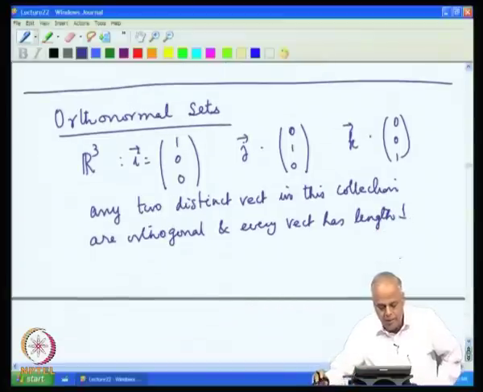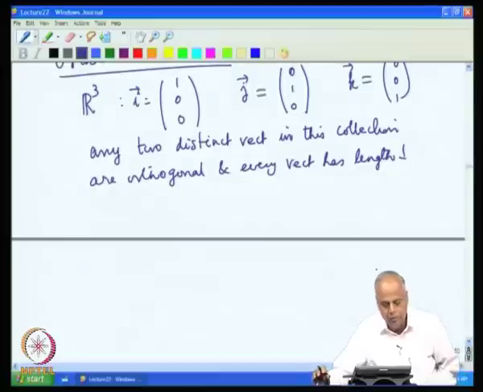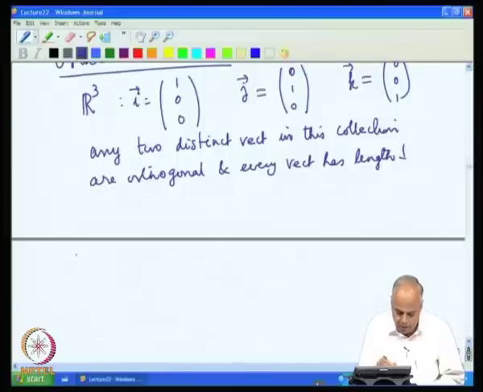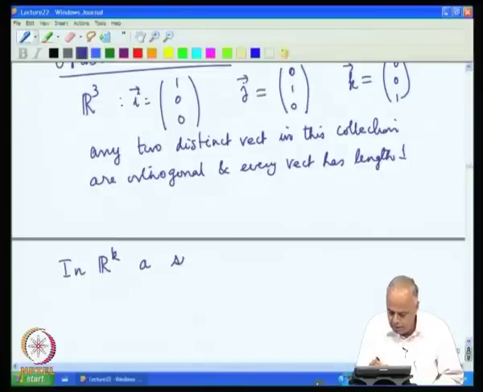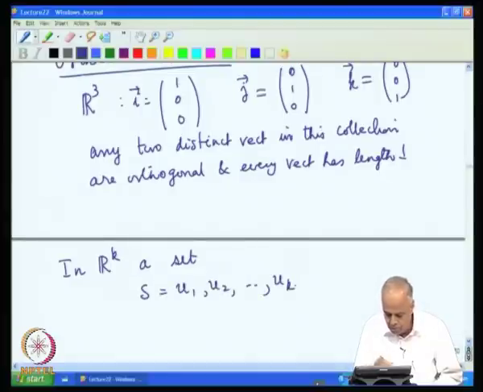When we generalize this notion, we get the notion of an orthonormal set in R k. So, we have in R k a set S equal to u1, u2, ..., uk of vectors.